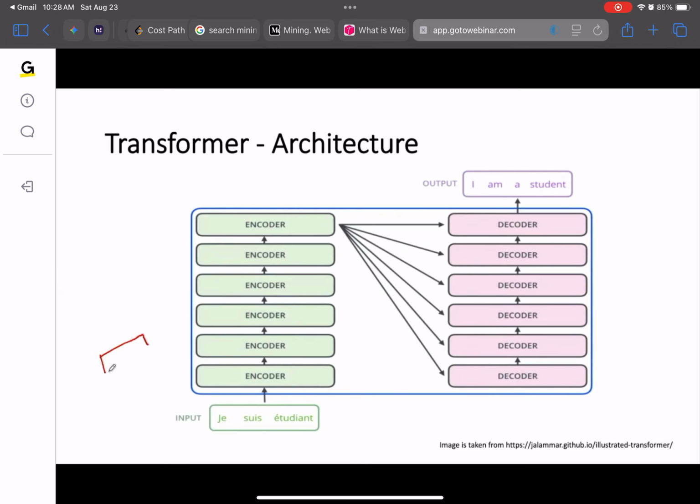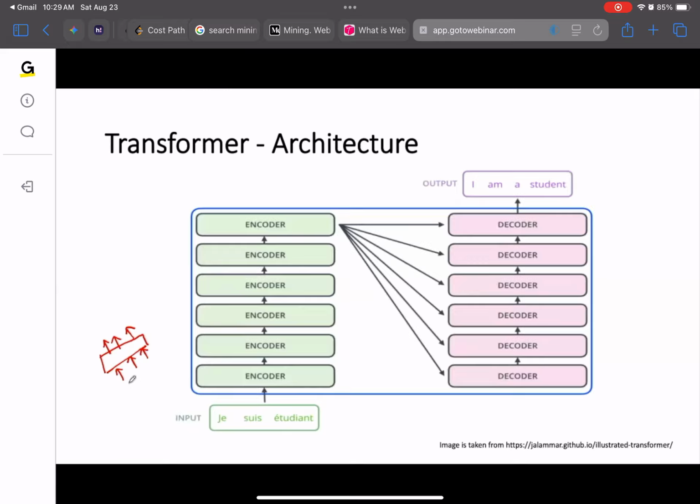The first encoder block generates three vectors representing each of these words. So there are three input vectors, and three transformed output vectors are generated. If we have three input words, we'll have three outputs. That's how an encoder typically works.